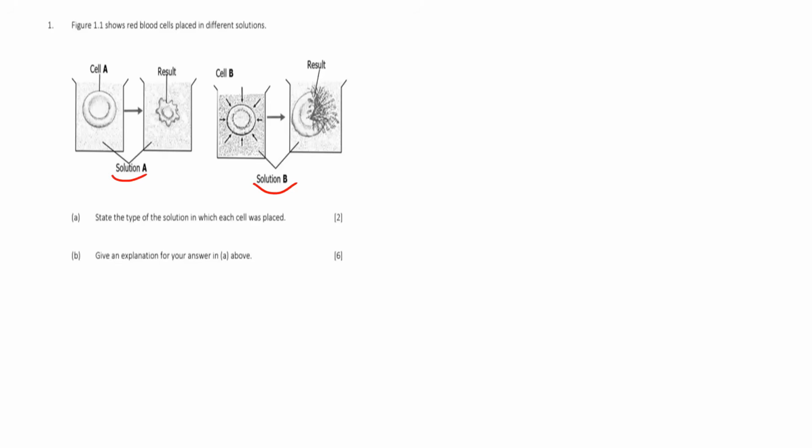So look at this. This red blood cell, after being put in solution A, reduced in size. This is shrinking, which means it lost water. That can only be possible if the solution is highly concentrated compared to the inside of the cell. So cell A was put in a hypertonic solution.